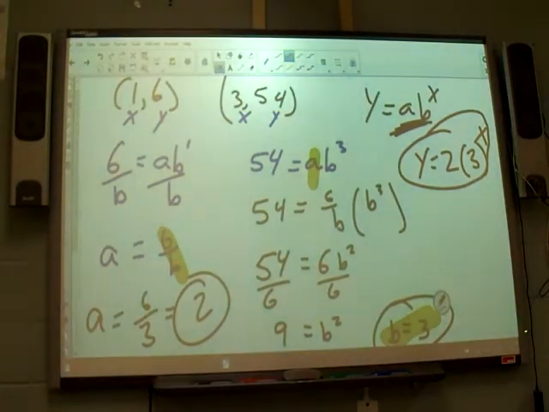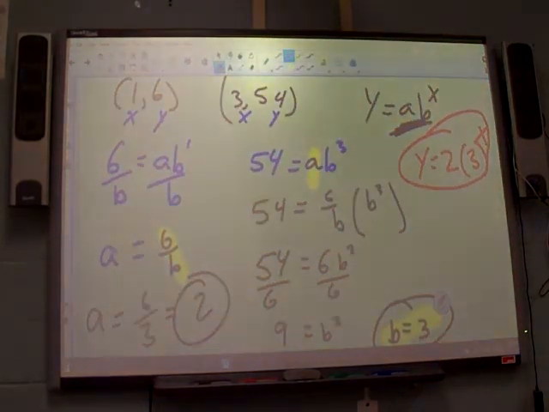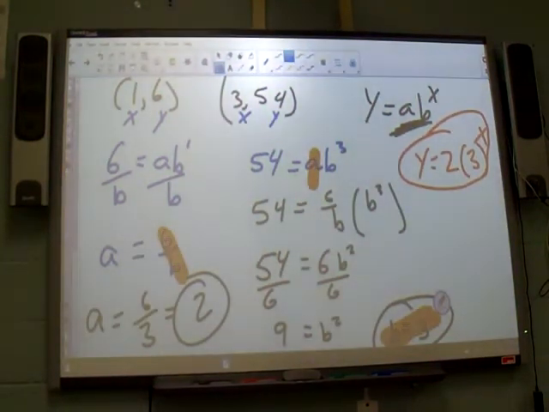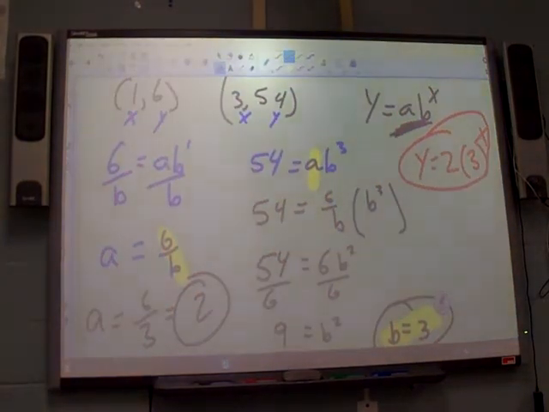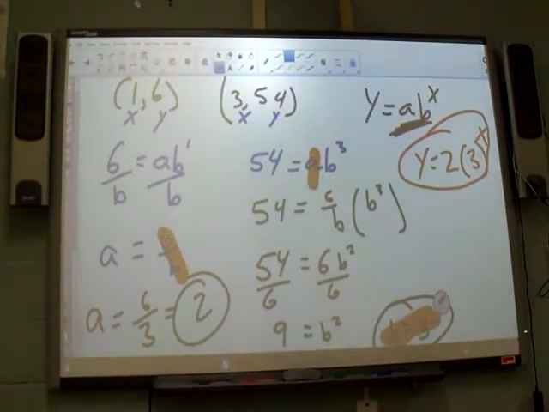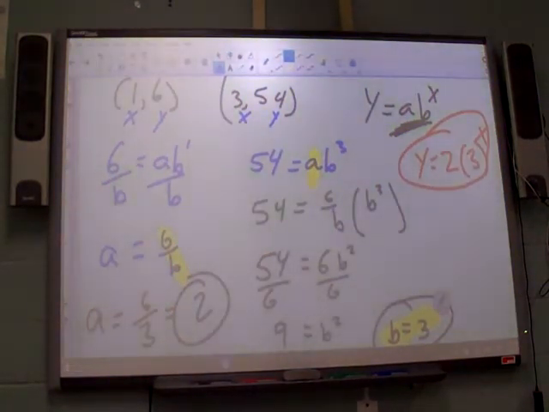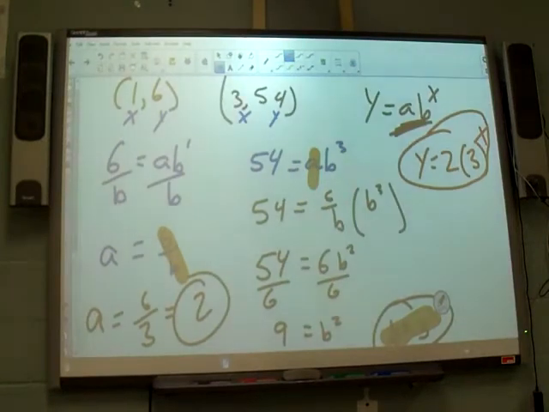There was not any difficult math at all. It just took us several steps to get there. We'll try another one.